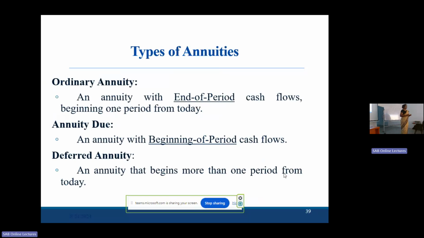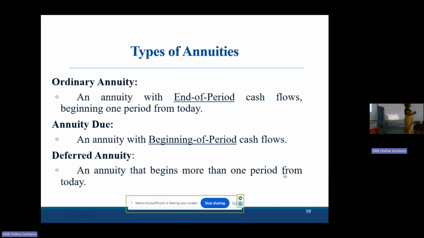Can I have an example for this due type annuity in practice? Annuity due example. Yes. Leasing payment. Normally it occurs at the beginning of the period. Down payment is different. In a leasing installment, if you are paying the first installment now, at the transaction date, that is an annuity due.